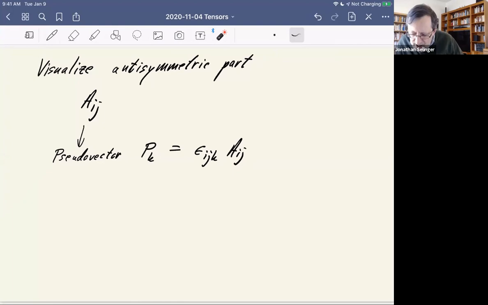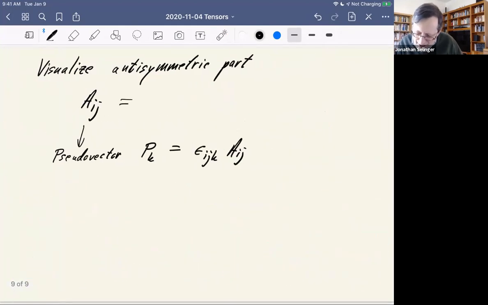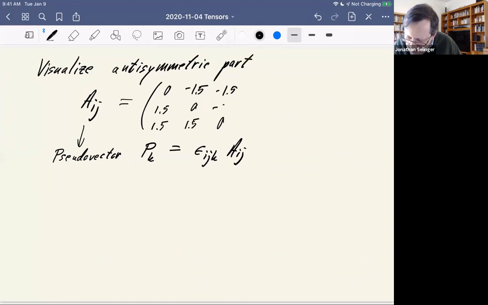So let's say for the example that I made up on the spur of the moment, this thing with the 1.5s and negative 1.5s. Okay, 1.5, 1.5, 1.5, 0, 0, 0, negative 1.5, negative 1.5. Let's do this transformation and see what is the P vector.